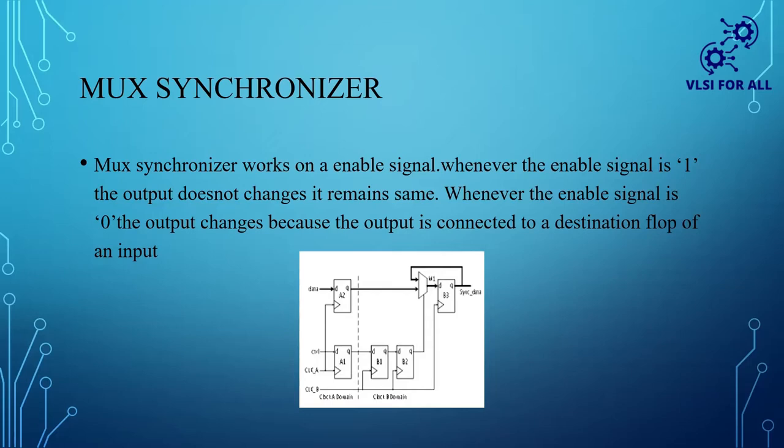If the enable is 1, the output doesn't change. If the enable is 0, the output changes. Why? Because the output of a destination flop is connected to the input of a mux. In that case, the output changes and we get a synchronized output. This is about a mux synchronizer.